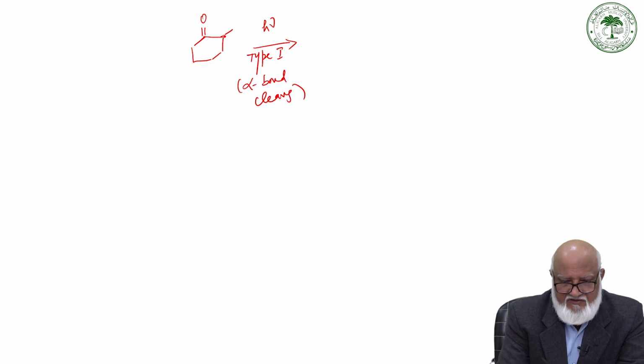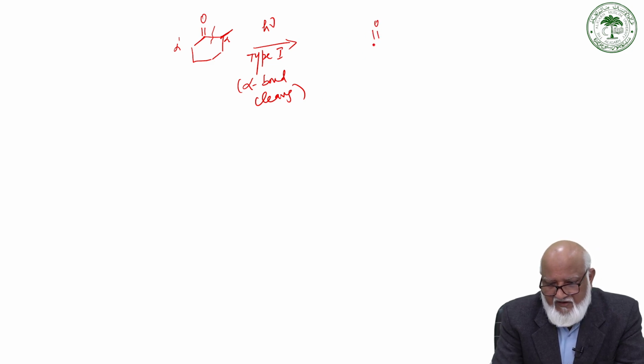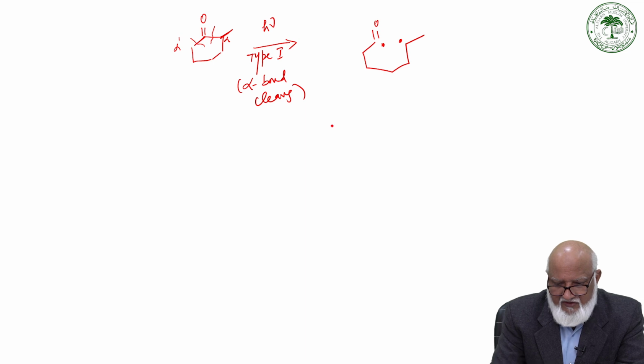Now here you see this alpha carbon, this alpha carbon. If we cleave this, we are going to give this radical, and then this radical. If we cleave this, we end up with the other pair.